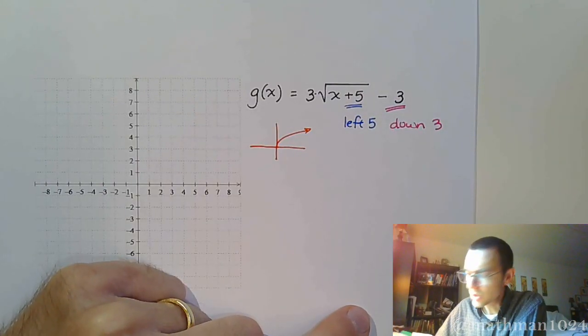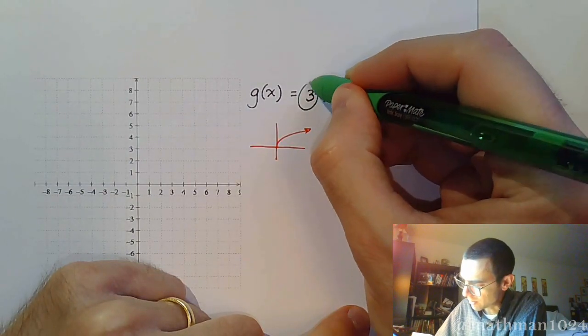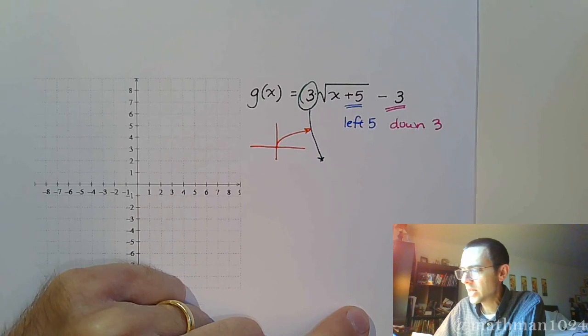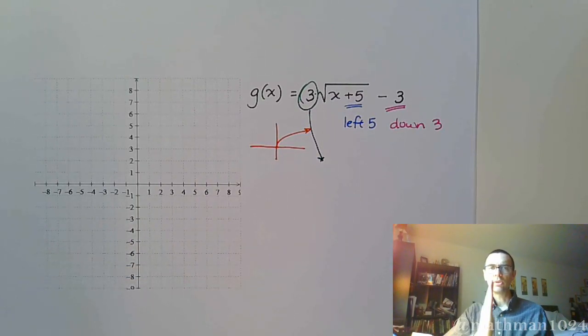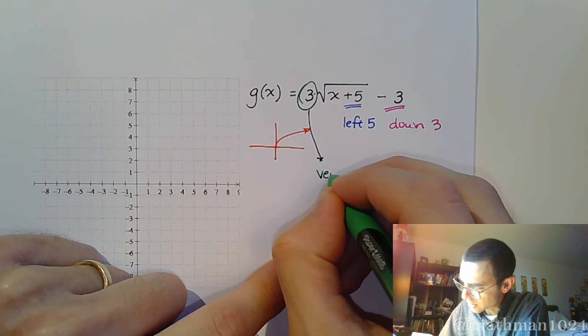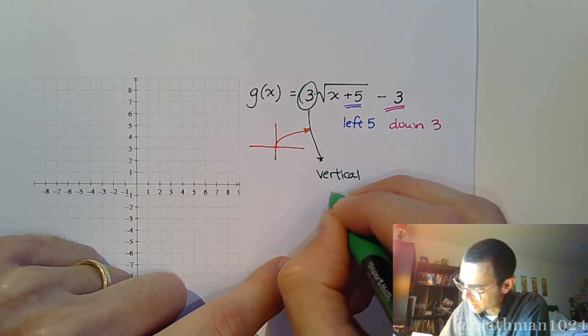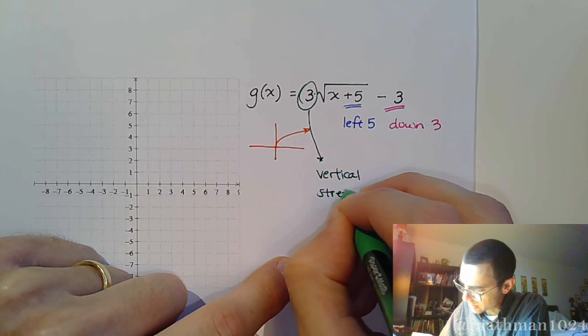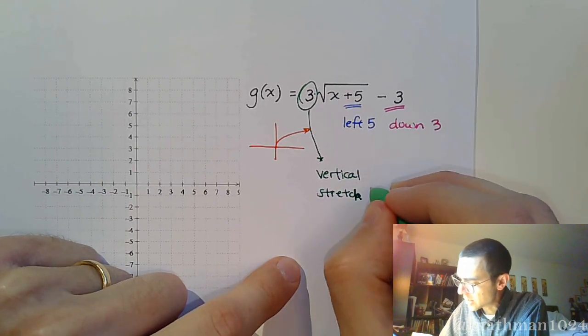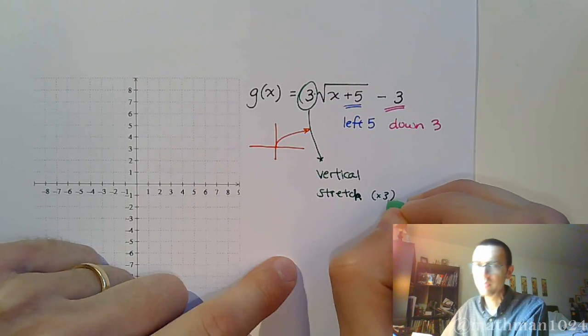But then we got to pay attention to this coefficient right here. Now that is a positive, so the orientation is still going to be looking like this. But it's a 3, so that means we have a vertical stretch by a factor of 3. Vertical stretch by a factor of 3.